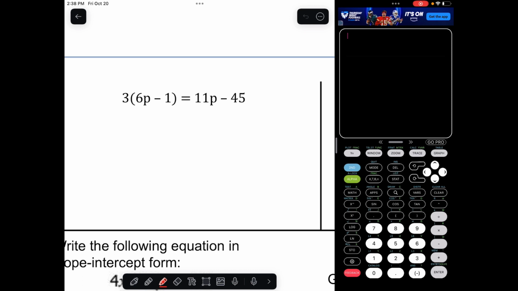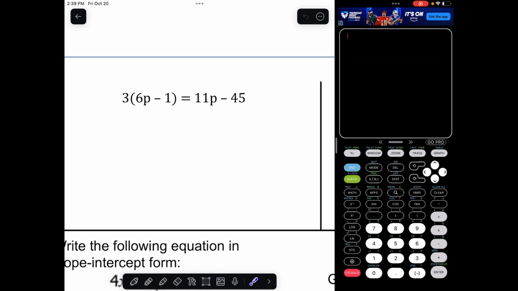So here we go. Whenever we have a number in front of a parentheses, that means we need to distribute that number to both terms inside the parentheses. The mistakes we're seeing most often is that students are multiplying the first term, but then they are forgetting to multiply to the second term in the parentheses as well.